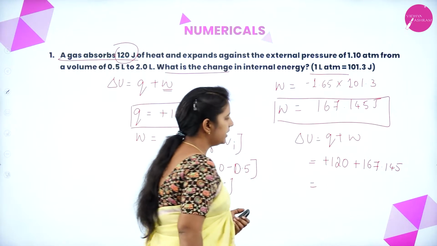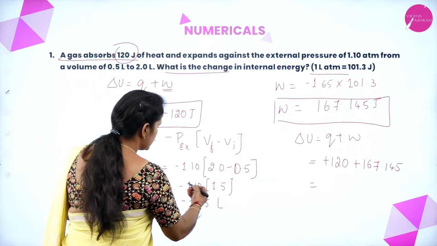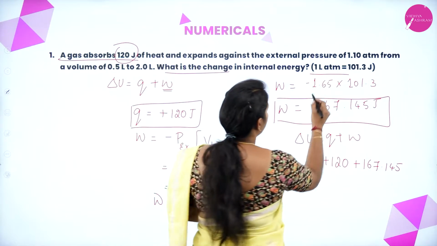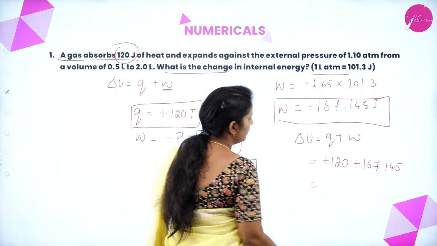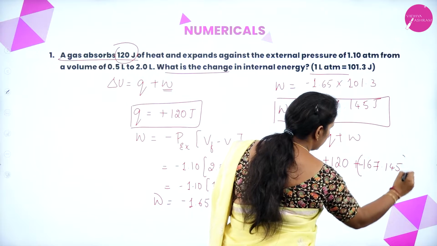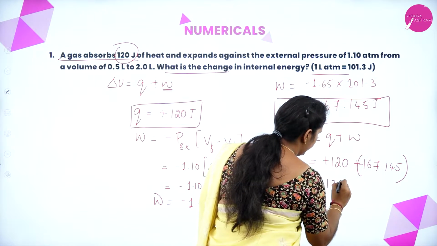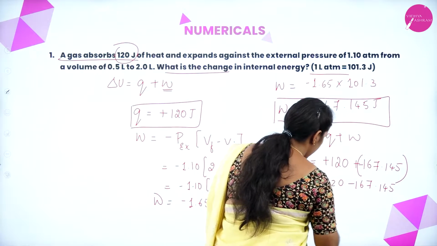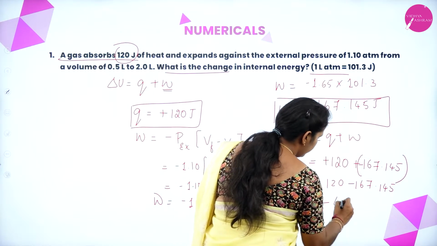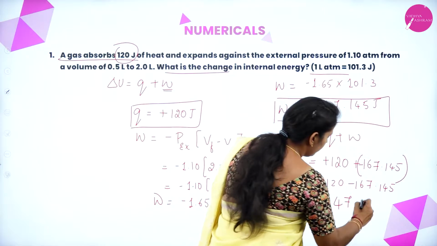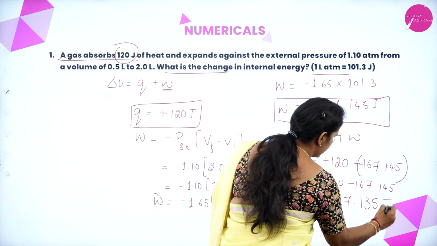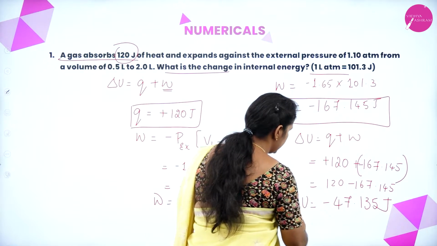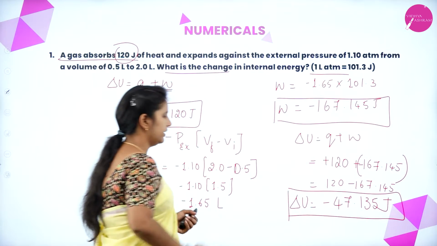So if you add these two, 120 minus 167.145, you will get minus 47.135 joules. So this is the change in internal energy.